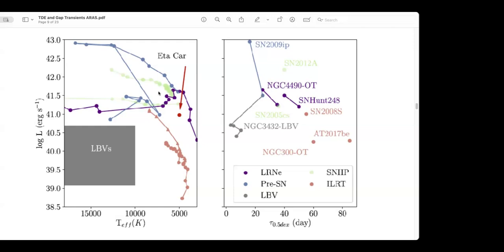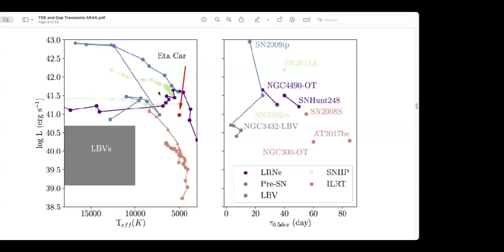Well, okay, let me make a nasty crack. You'll often see in the literature that the discussion of the effective temperature as a function of time is used to characterize these objects. As we've emphasized repeatedly, for novae and for supernovae, the concept of effective temperature is meaningless.